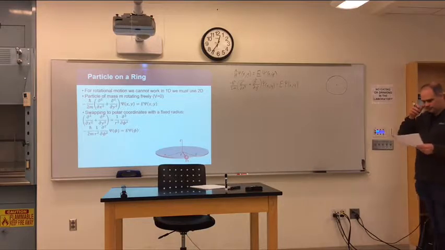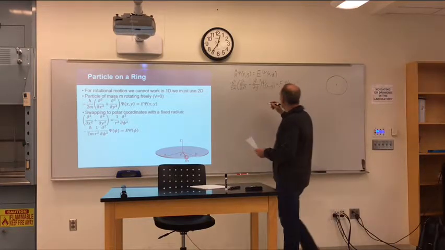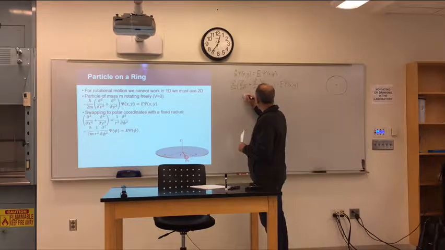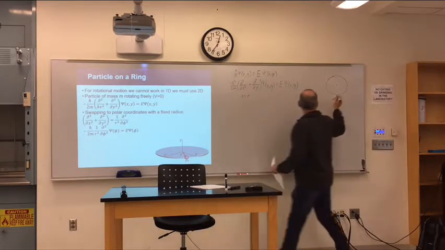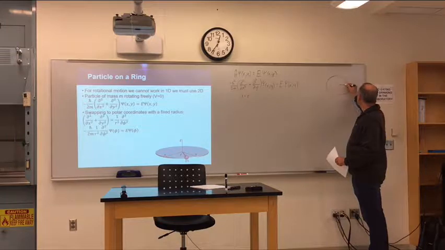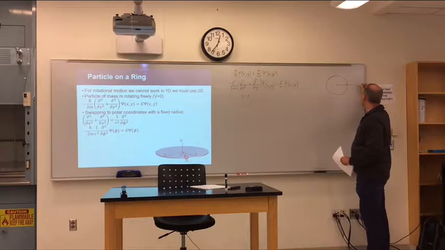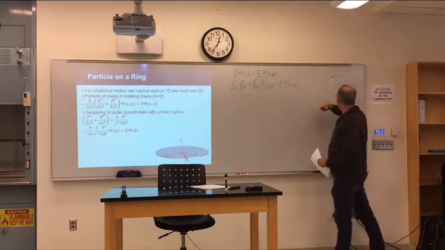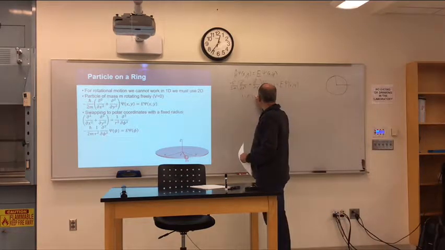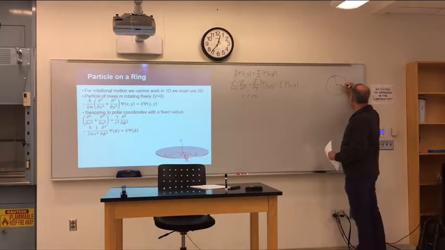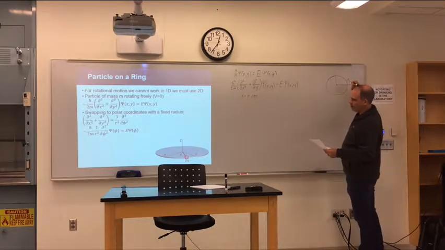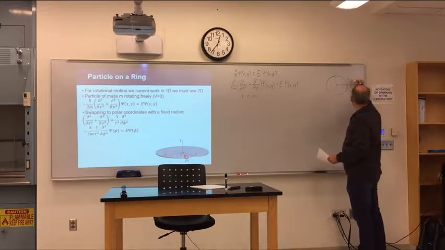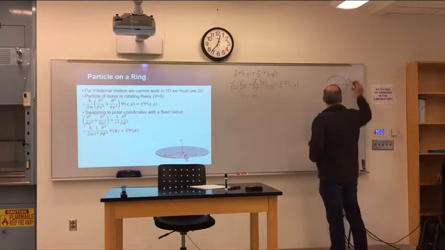The x and y, we could set x as being equal to r. If that's our r, and then looking down at it from the top, this is our x, that's our y, then it would be r cosine, and going around here we're going to be using phi.